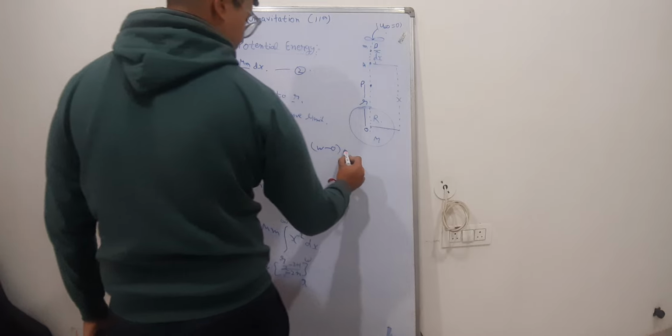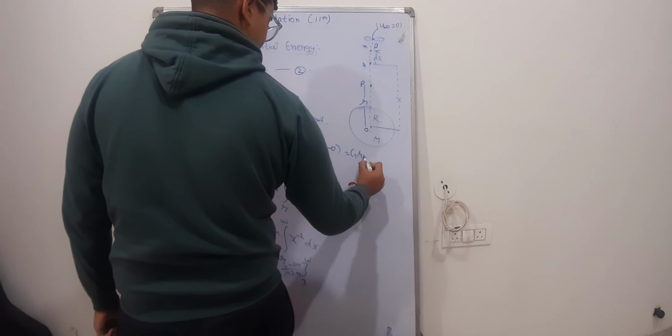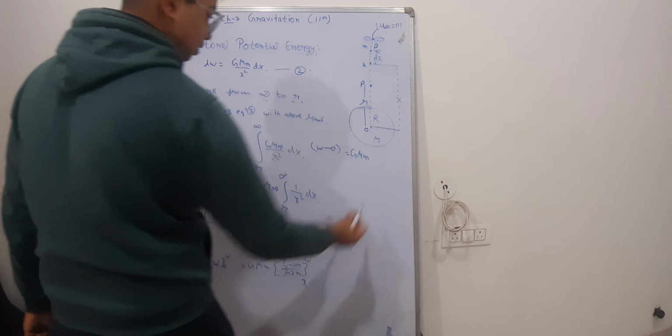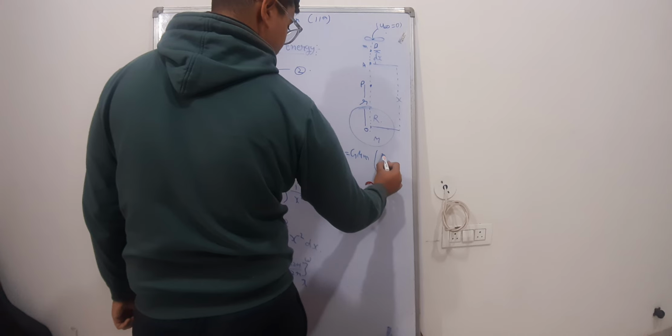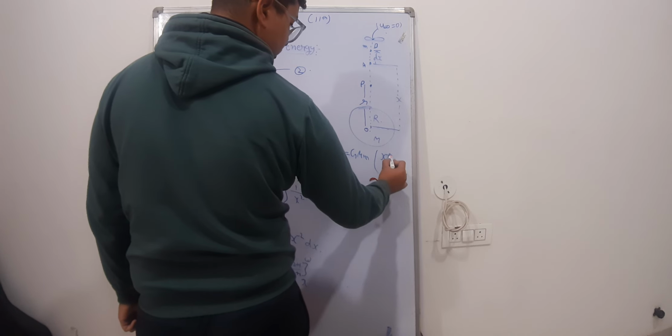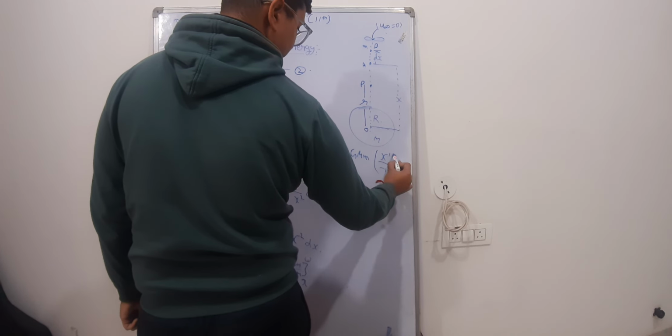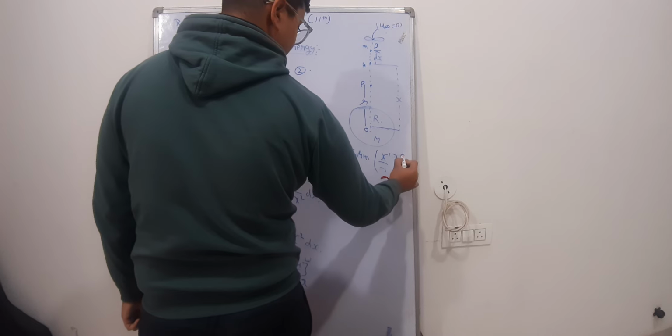Now this is G M m times x to the power minus 1 divided by minus 1, from r to infinity.